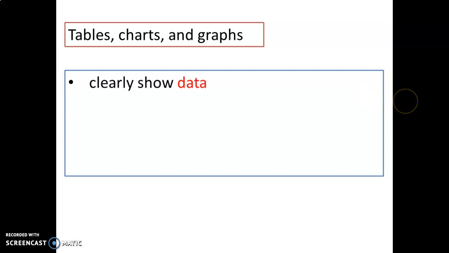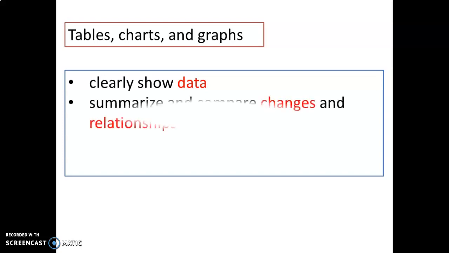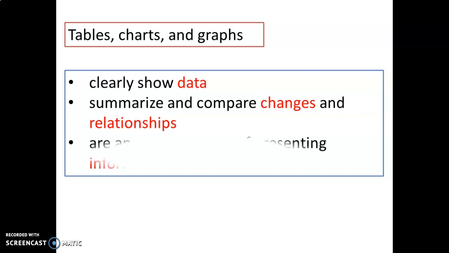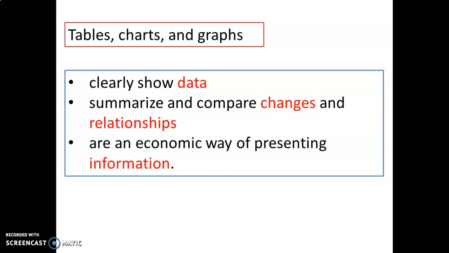They show us data. They can summarize or compare changes and relationships between different things. And also they are an economic way of presenting information. When we say economic, easy and clear.